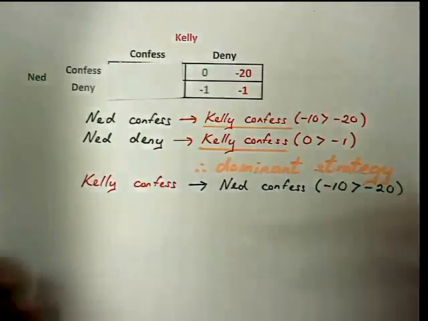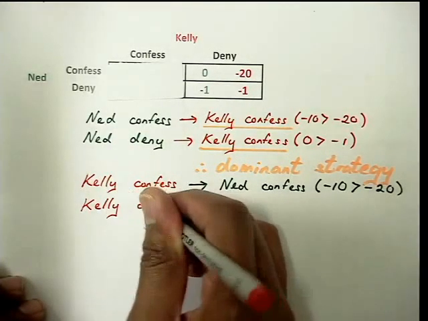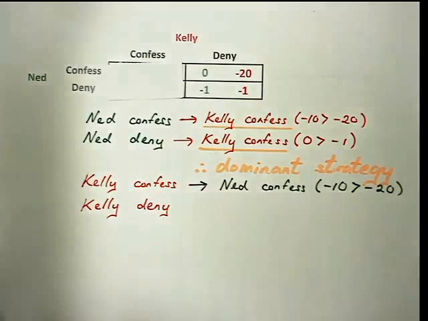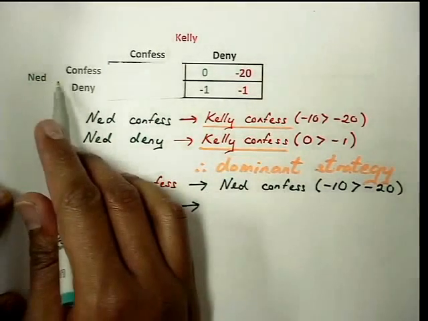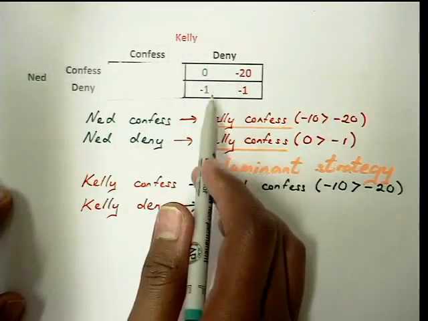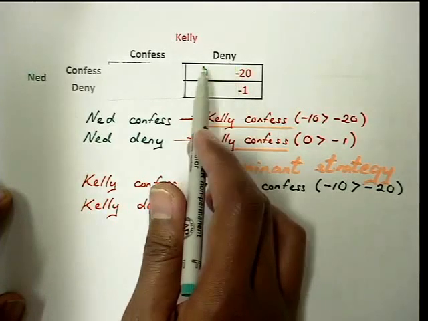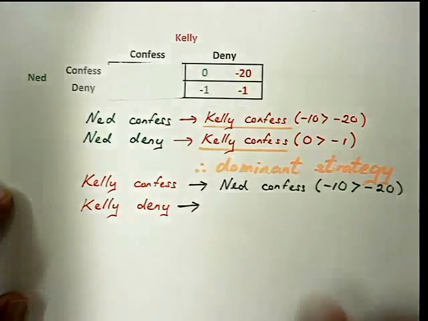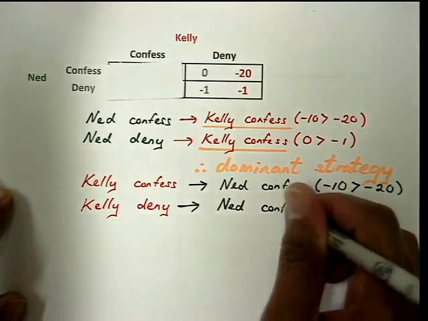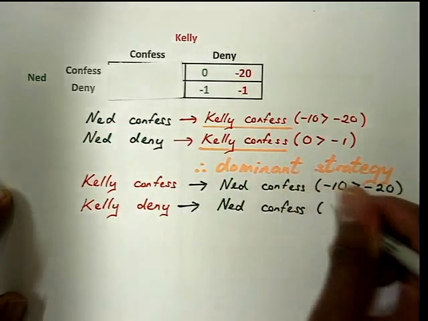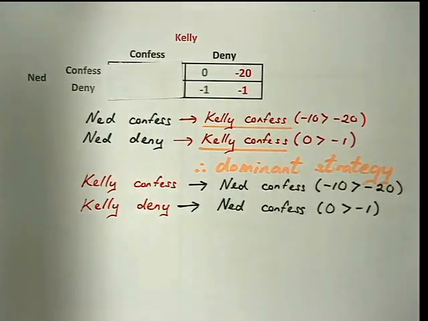If Kelly denies, what should Ned do? Ned is green. He simply looks at what's best for him, given that Kelly has already denied. 0 is better than minus 1. Ned will confess. Does Ned have a dominant strategy?